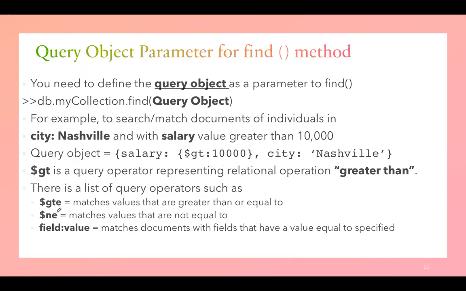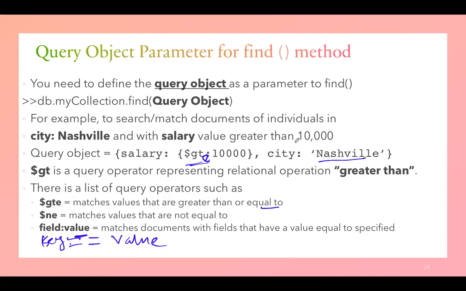So you have a whole lot of this type of keywords. For example, $GTE matches the values that are greater than or equal to. The moment you put E, that will include an equal to. $NE matches the values that are not equal to. And if you use the key and specify some value in this query object, that essentially means when the key value equals that particular value.